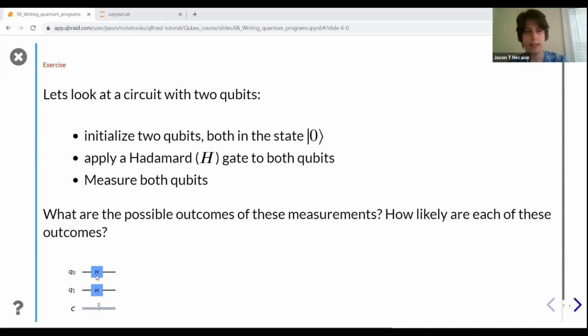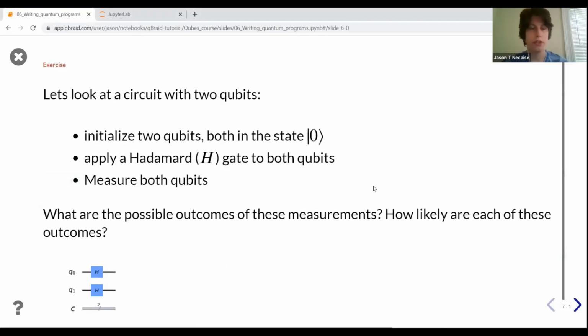So half the time that qubit 0 is measured, we get a 0, and half the time it gets a 1. And half the time that qubit 0 is measured as 0, qubit 1 is also measured as 0, and half the time it's measured as 1. So that means that we have 4 possible outcomes: 0 and 0, 0 and 1, 1 and 0, and 1 and 1. And they're acting independently.